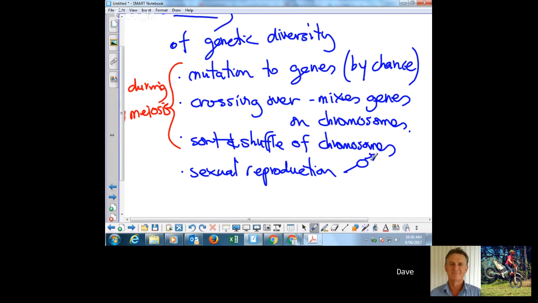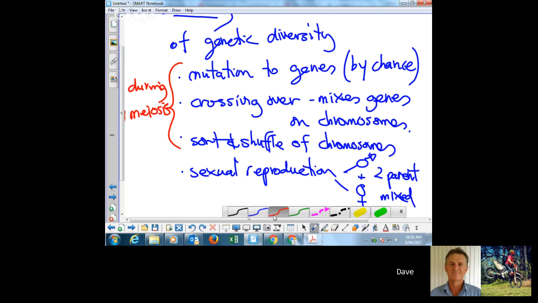Male and female. Two parents. So you've got genetic information from two parents being mixed. So those are some of the main processes that lead to genetic diversity.